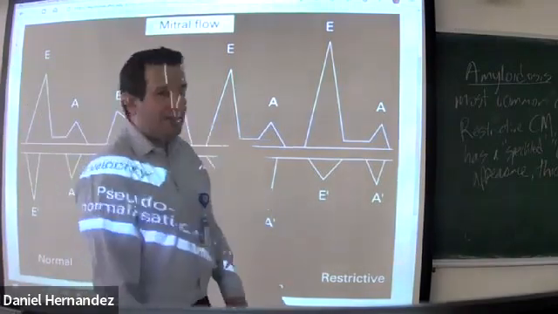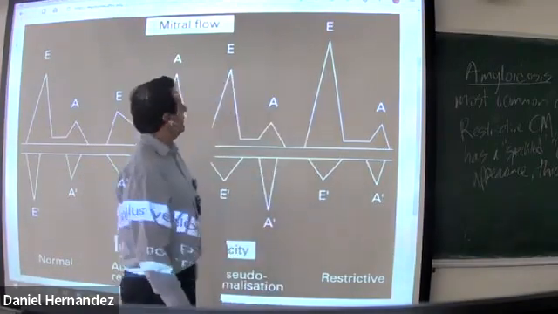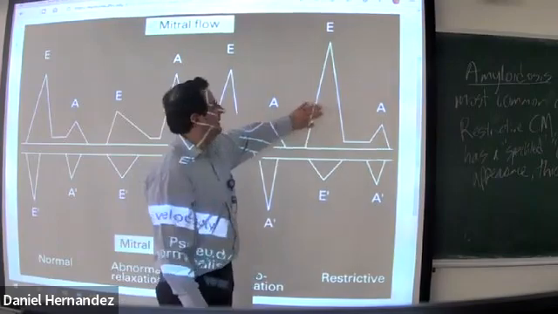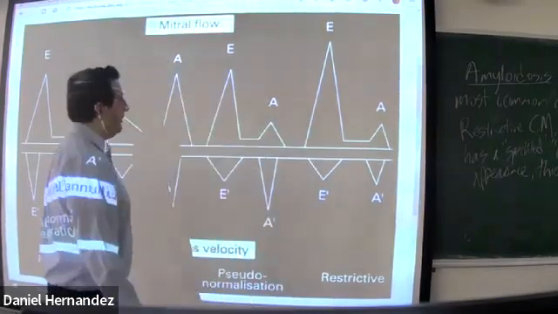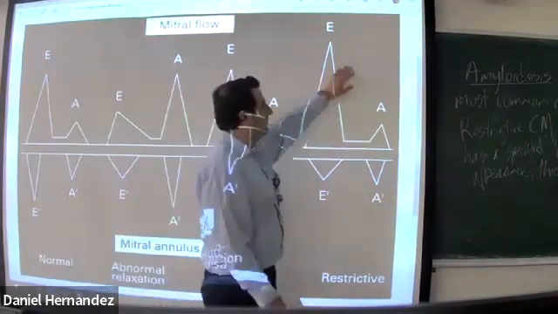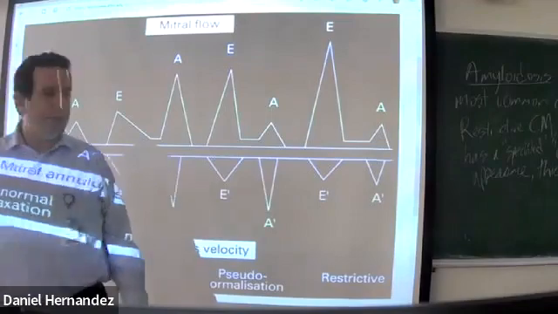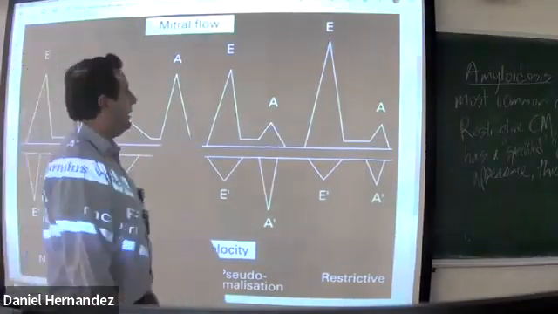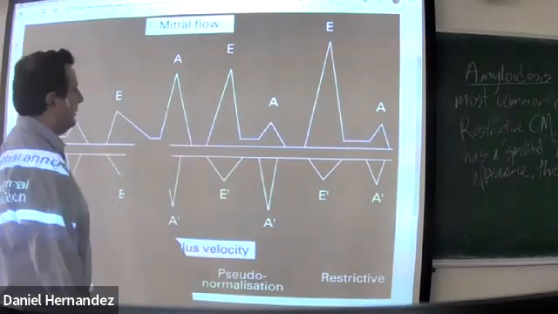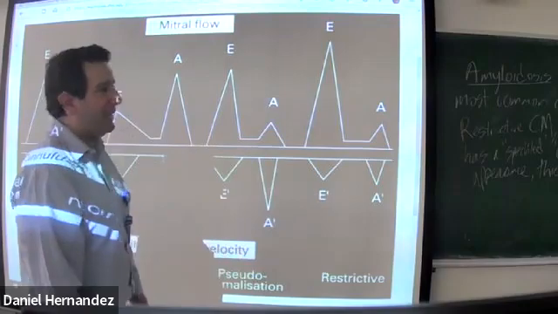And then the final stage of diastolic dysfunction is going to be our restrictive filling pattern. With this, again, we have that very large E and that little a. So we have a very high E to A ratio, and we were talking about that with a dilated cardiomyopathy. This is indicative of very high pressures within the left atria at this point.